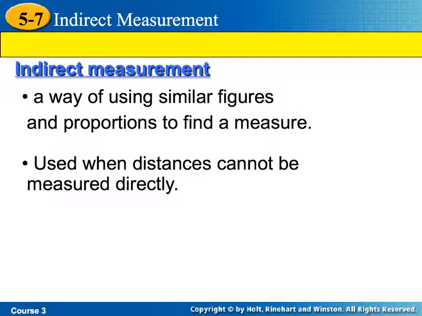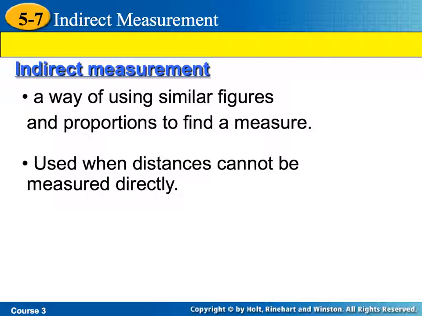Okay, here we are, indirect measurement. So pause the video right now, write this down in your notes, and go. Okay, so it says indirect measurement is a way of using similar figures and proportions to find a measure. This is used when distances cannot be measured directly.